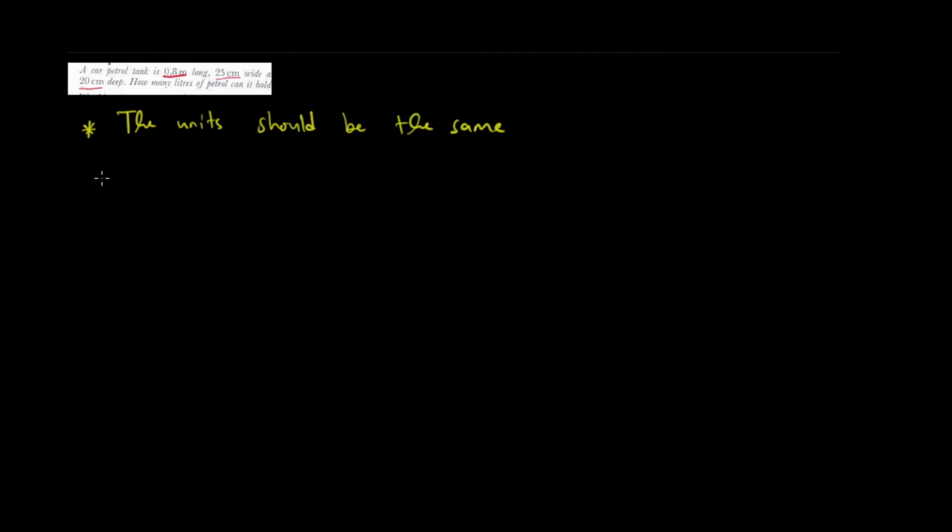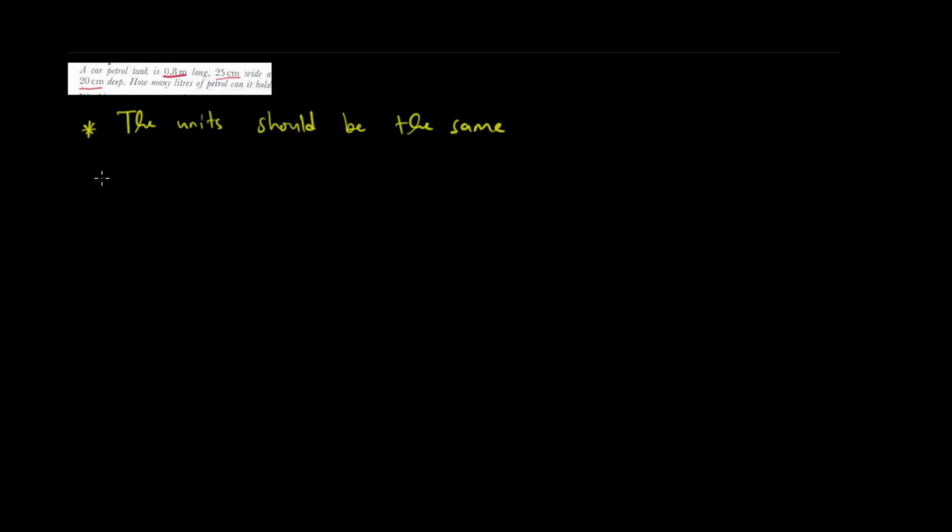So we are given meters, centimeters and centimeters. If we proceed without converting either centimeters to meters or meters to centimeters, we will have made a mistake. I would advise converting meters to centimeters because it's not always good to work with decimals.